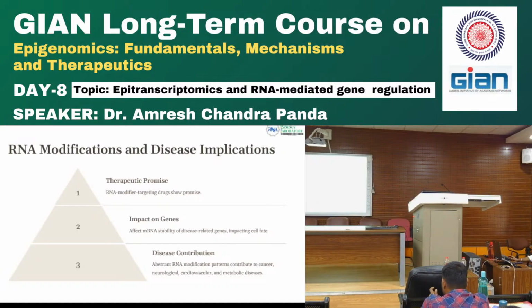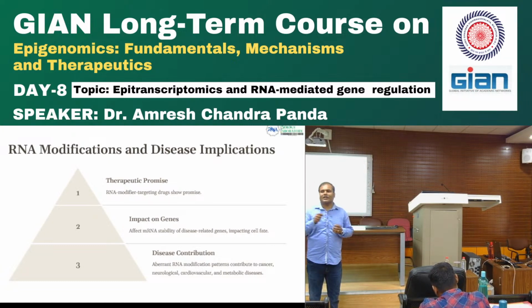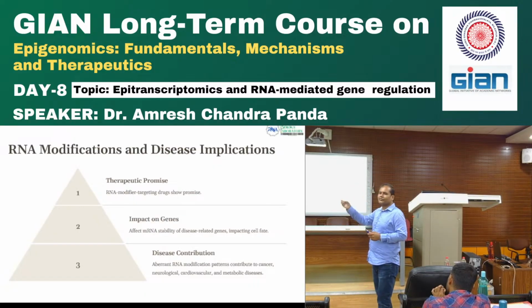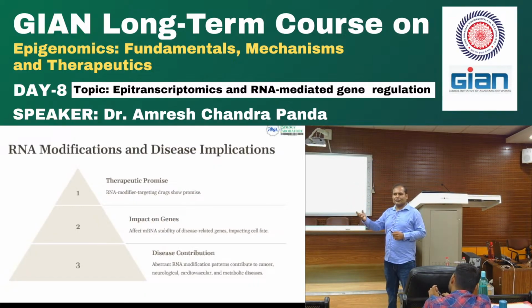So those RNA need to be stable enough for gene therapy or for expressing the protein in vivo. So if we know which modification is doing what, we can use them for therapeutic applications. And if you know some modification is causing disease, you can reverse that.